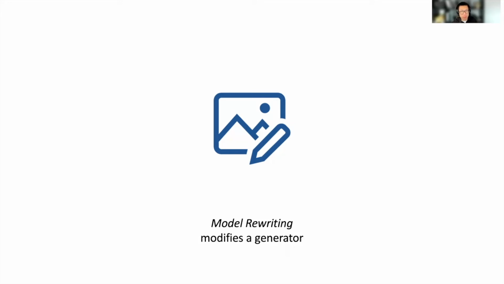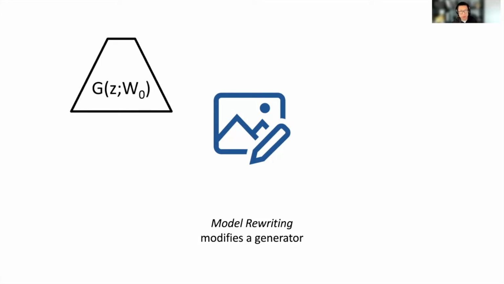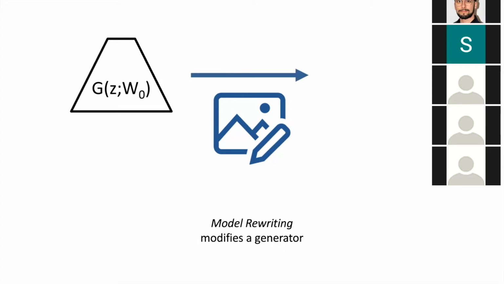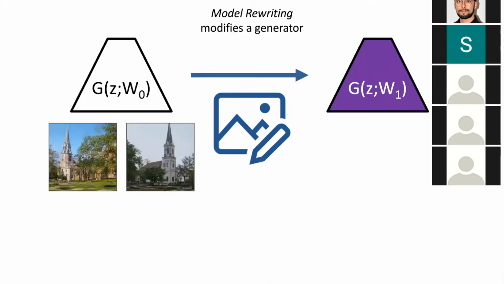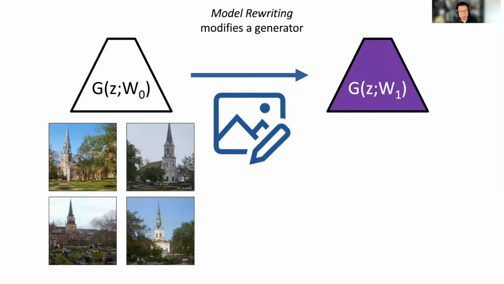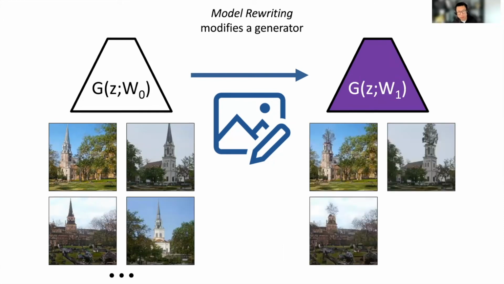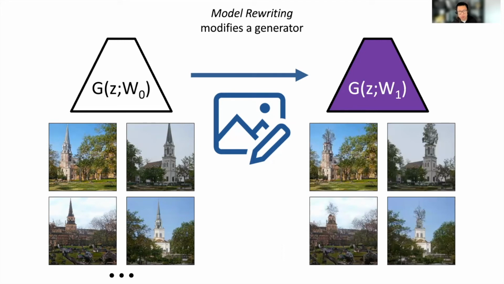So we try to do the same thing for the model, for the generator. We would like to modify the weights of the generator so that we can create new samples. For example, here are the original samples. We'd like to create new samples with trees on top of the towers. So that's the idea.